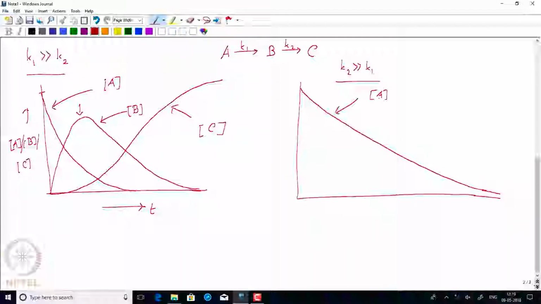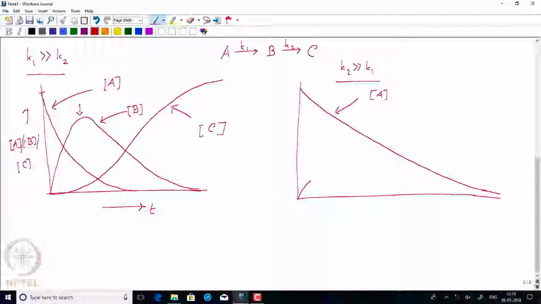Now for B, this is a very interesting situation, because B is forming from A at a rate K1, which is small, and it is decomposing fast. So initially B will start forming at a much slower rate. It is a growth, actually, and it goes with the rate constant K1, which is small.